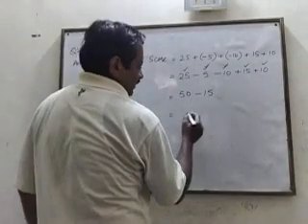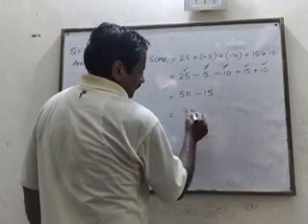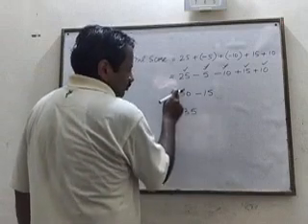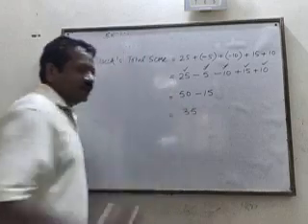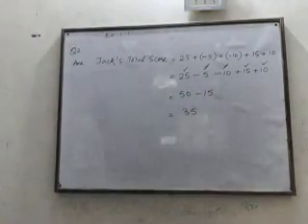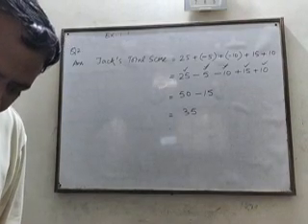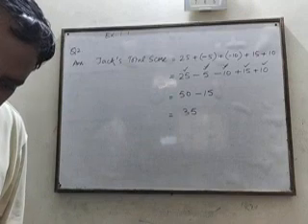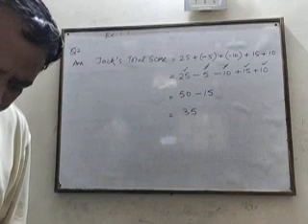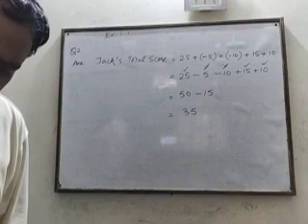So they will be subtracted. 35, big figure is of plus, so that sign will be there in the answer. So this is question number 2. Try to do question number 3, 4, 5 also in the same way.